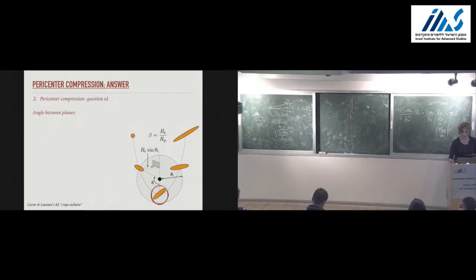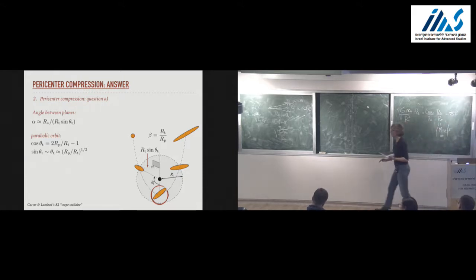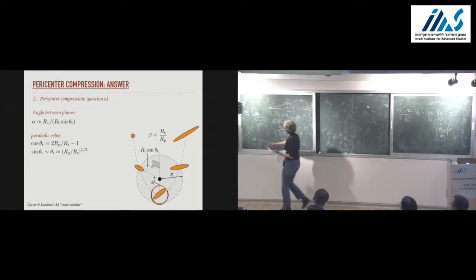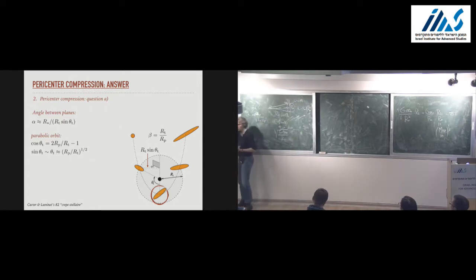Can you explain why do we care about theta and R sine theta for this calculation? Why couldn't we define alpha on the black hole with simply r star divided by r? Well, here the star has size r star.